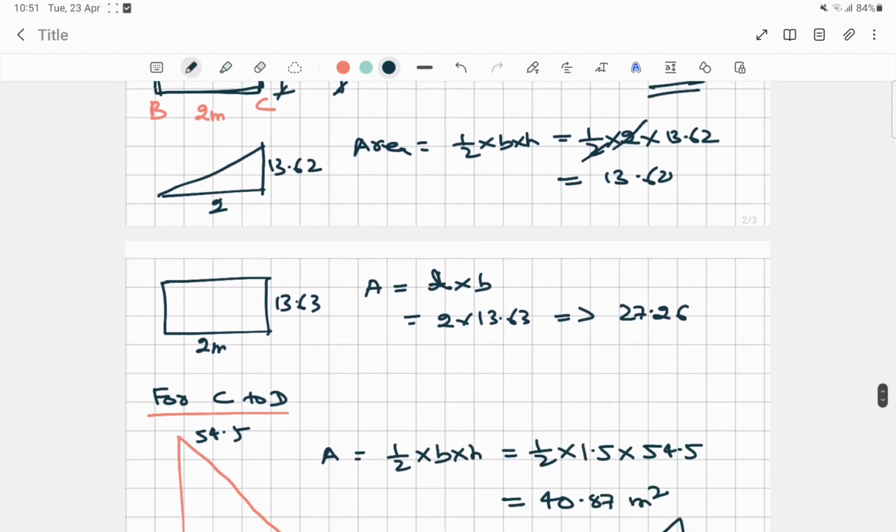Now again at the B to C point, we have two areas, one is 13.62 and the other is 27.26.